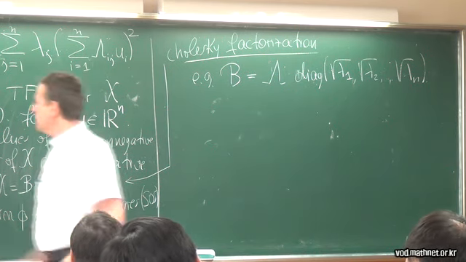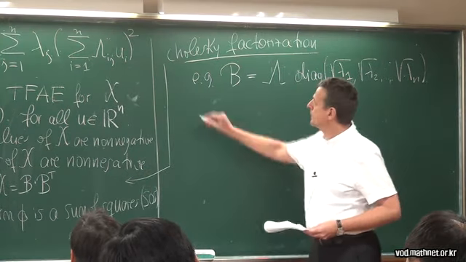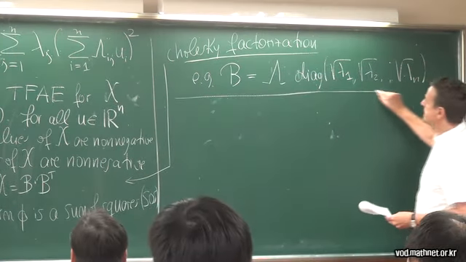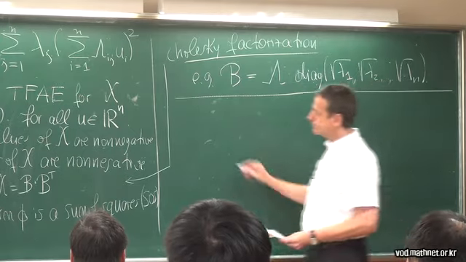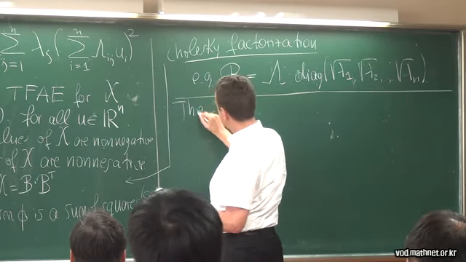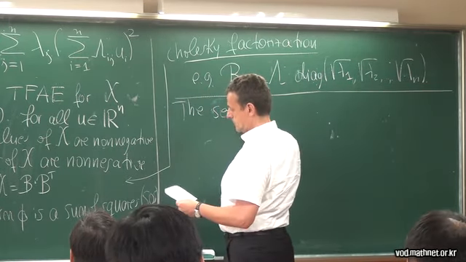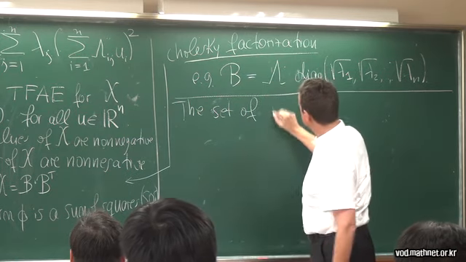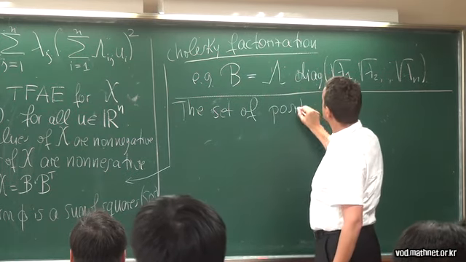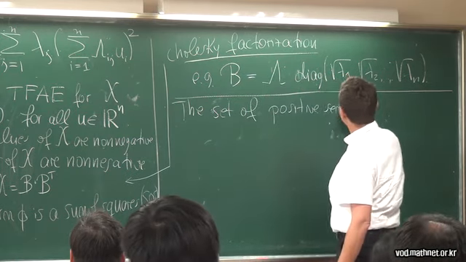And C requires a little bit of an argument, but I think many of you have seen these equivalence classes. So the set of these matrices, these matrices are called positive semidefinite.